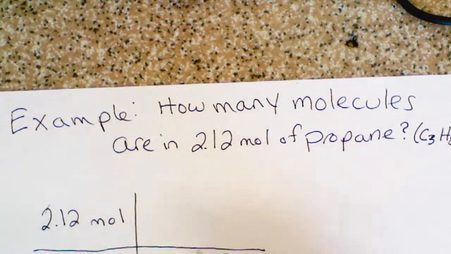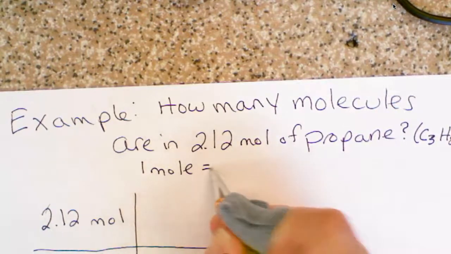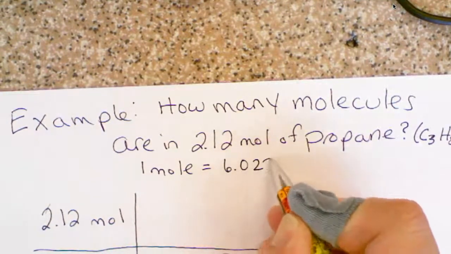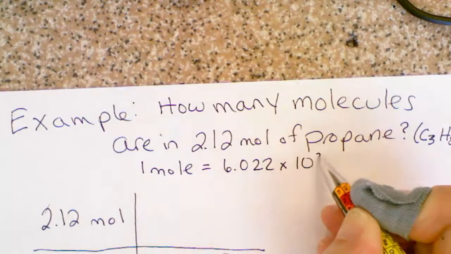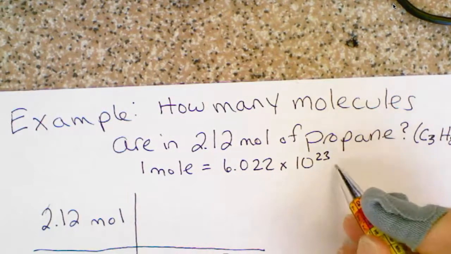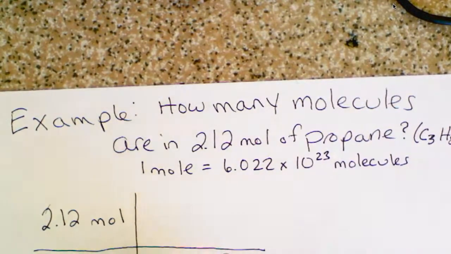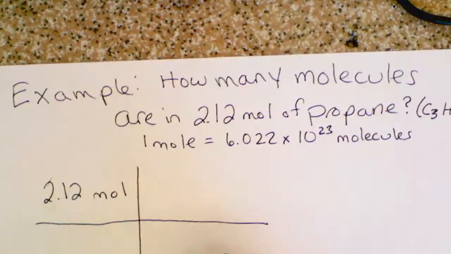Now we need a conversion factor. Our conversion factor is that 1 mole equals 6.022 times 10 to the 23 anythings, right? In this case, it's asking us for molecules, so it's equal to that many molecules. All right, so we have moles up here. What unit's going to go on the bottom?